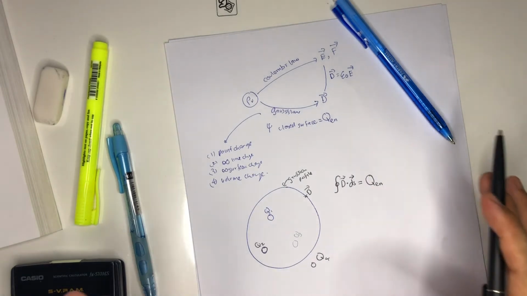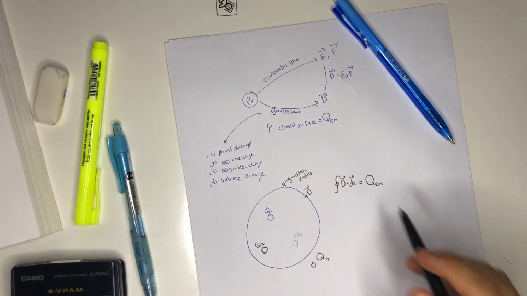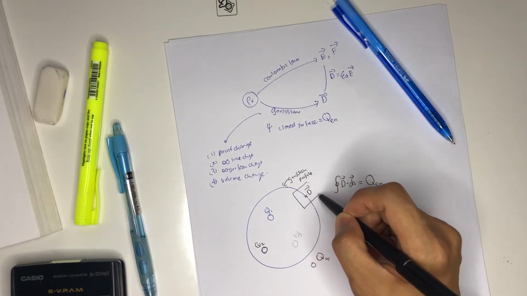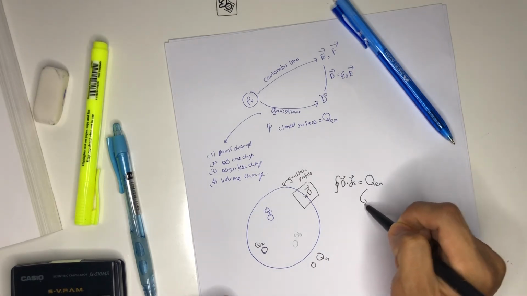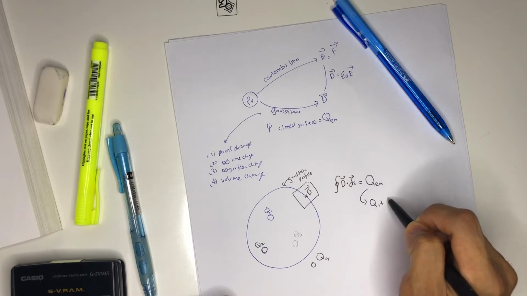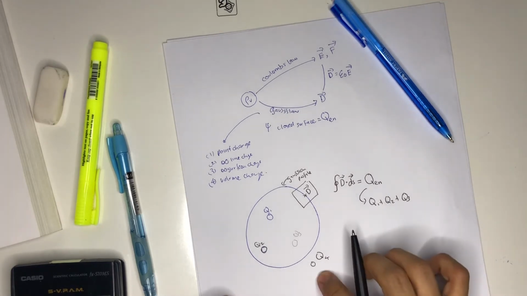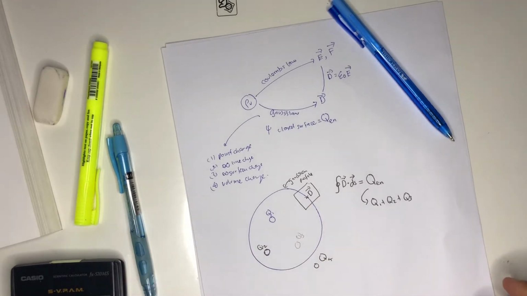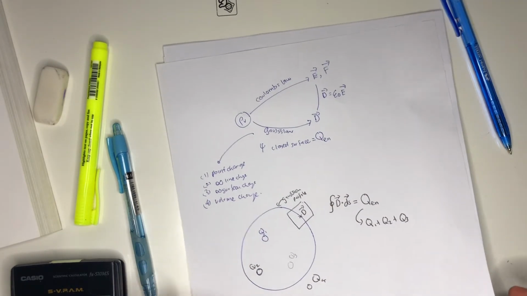So in this case, what is the total charge enclosed for the electric flux density here? Certainly it is Q1 plus Q2 plus Q3. So why is it not added with Q4? Because Q4 is outside the enclosed surface.